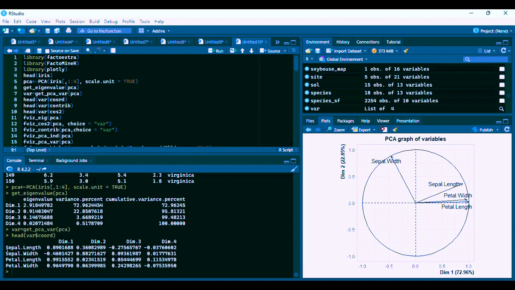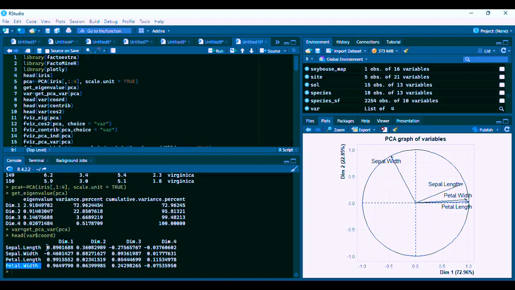So these 3 variables, sepal length, petal length, and petal width, have high positive coordinates, indicating that these 3 variables strongly contribute to the construction of the first dimension.